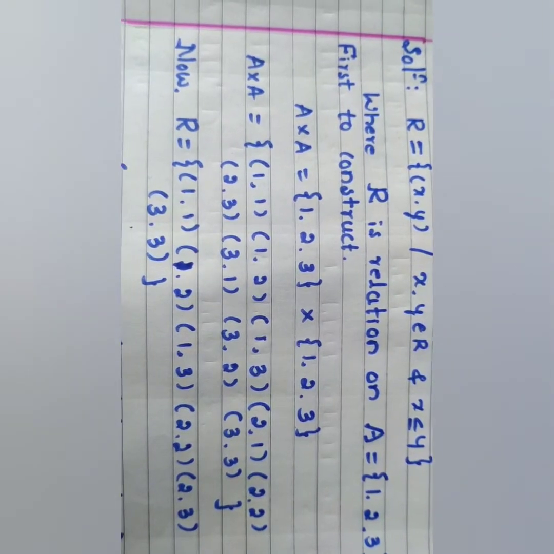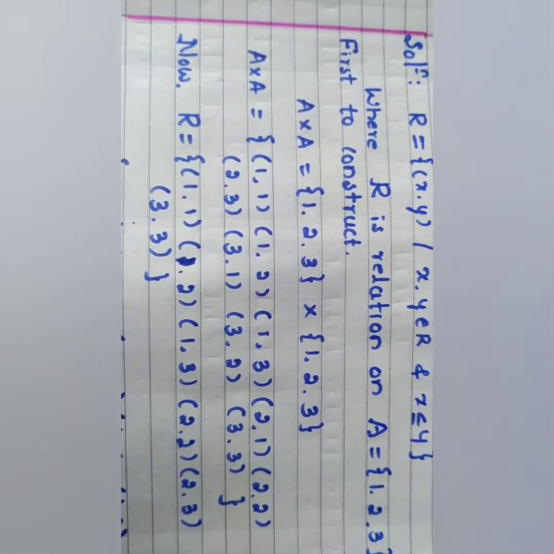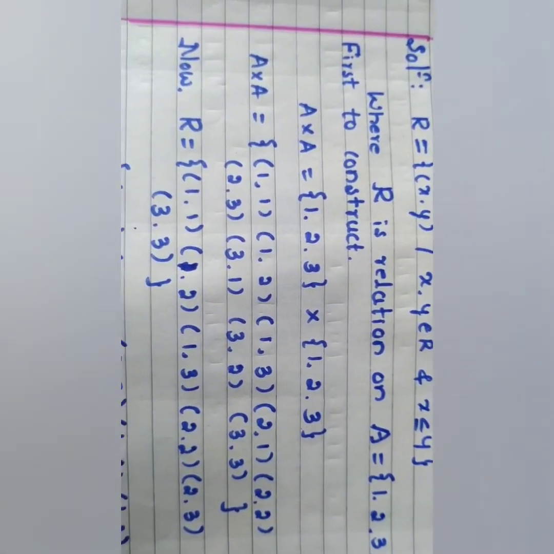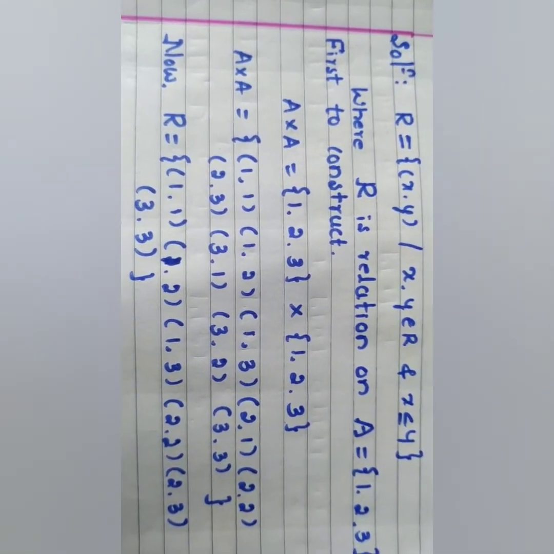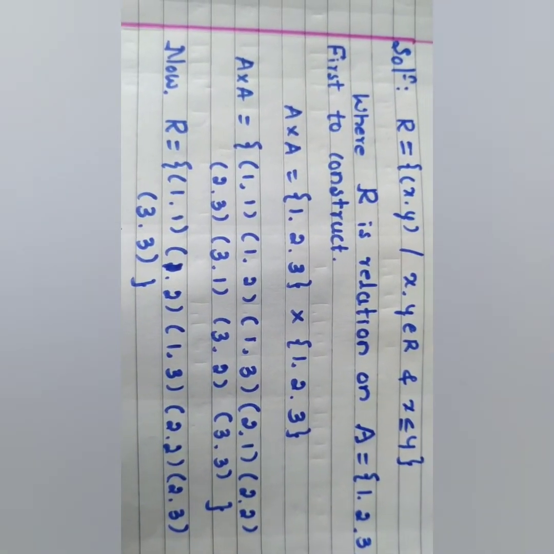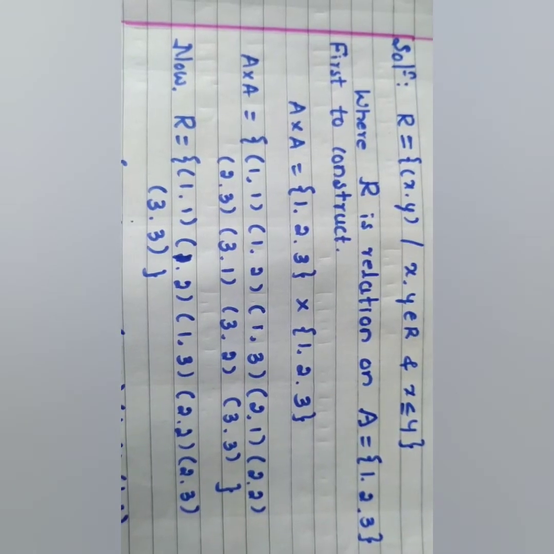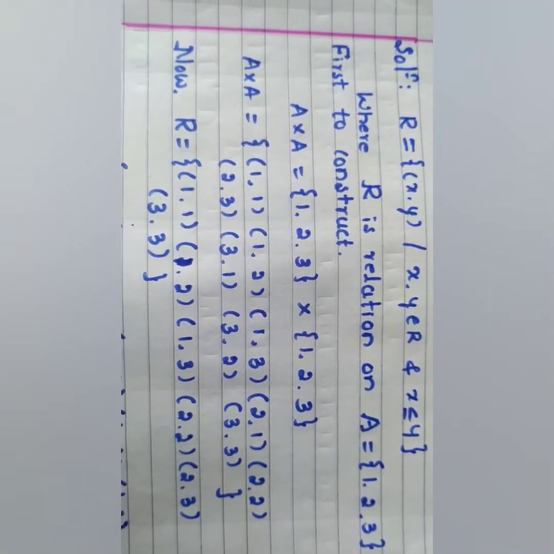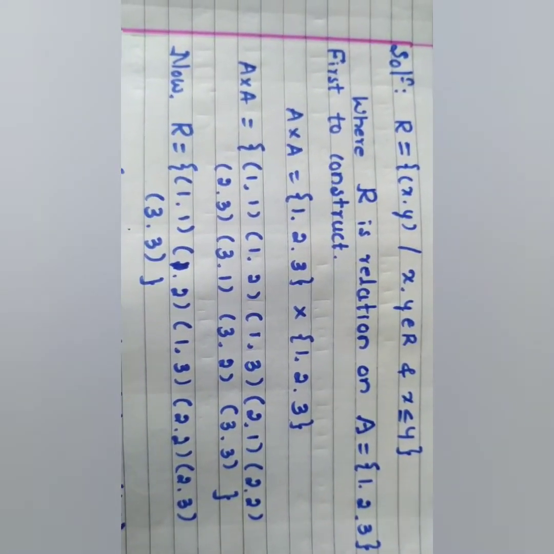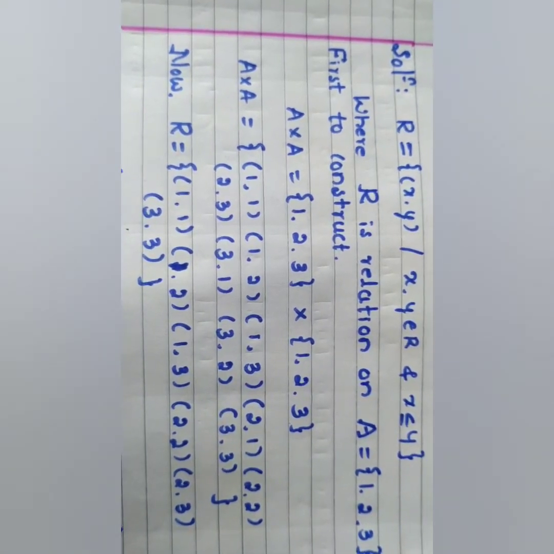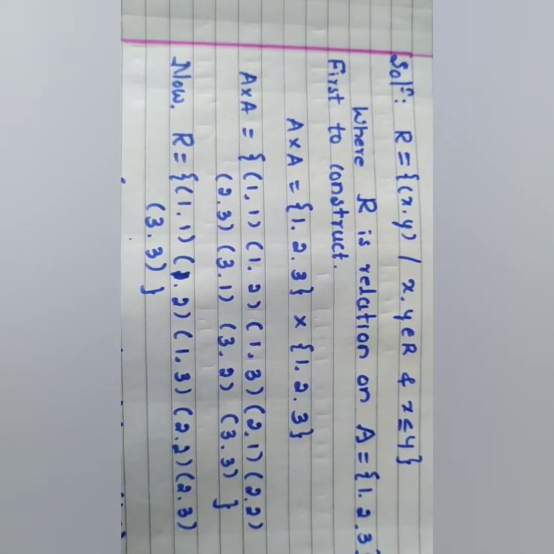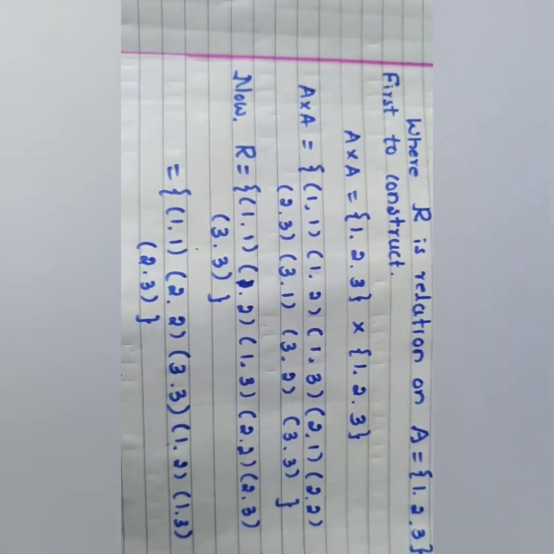Therefore R can be taken as (1,1). 1 is less than 2, no doubt, therefore R has (1,2). (1,3) is taken because 1 is less than 3. (2,2) is also taken because 2 is equal to 2. (2,3) can be taken in R because 2 is less than 3, and (3,3) is taken because 3 is equal to 3.